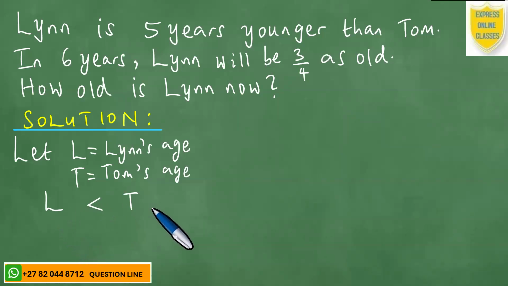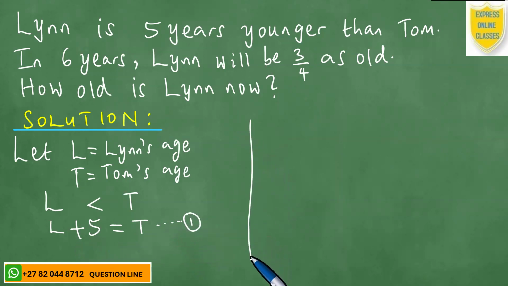But Lynn is 5 years smaller, and therefore, if we add 5 to Lynn's age, we have an equality. And this produces a mathematical equation. Let us call this the first equation.